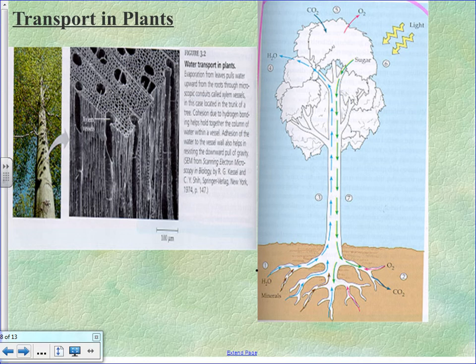And the xylem tubes are the ones that are going to pull water up the plant. Here's the trick. How are you going to pull water up a plant? Plants don't have a heart. They don't have a pump. What's going to pull water, especially for a tall tree, all the way up to the leaves?